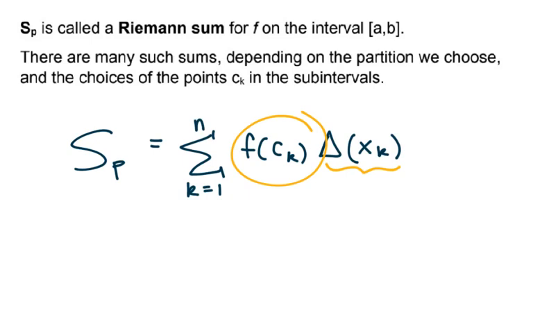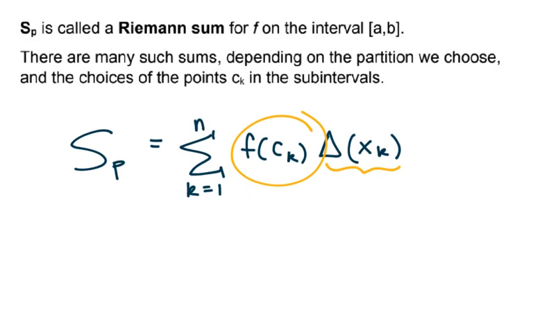And the choices of the points, c sub k, on the intervals, they can be anywhere you want them to be. So in relation here, we're saying we could choose a specific set quantity of n intervals, all of equal width, but we don't have to.